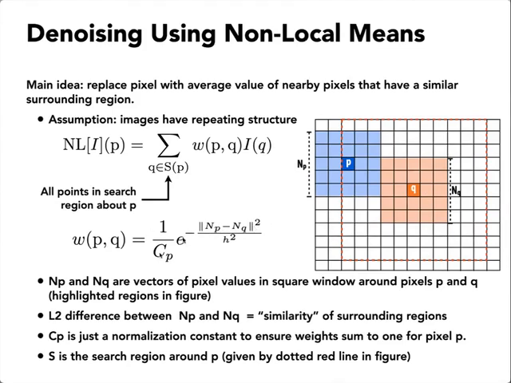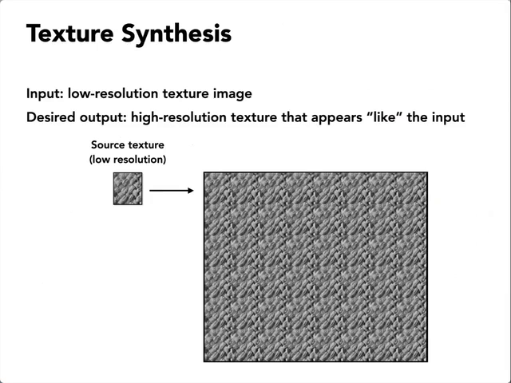So we take the similarity between the neighborhoods N_P and N_Q, and that's what's being calculated in this weighting function W at positions P and Q. That's a way to describe what's going on mathematically in non-local means.